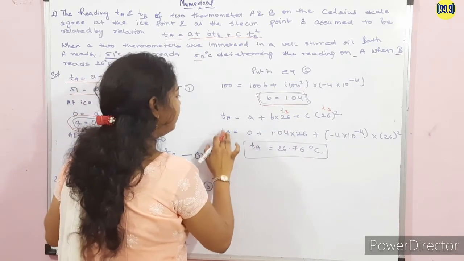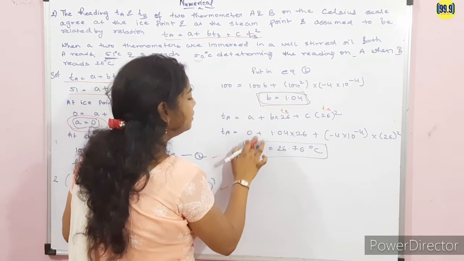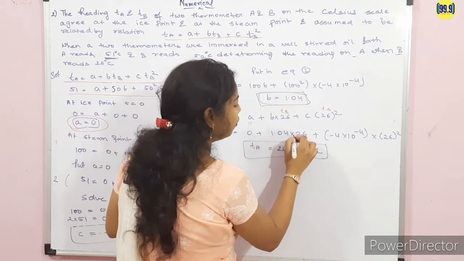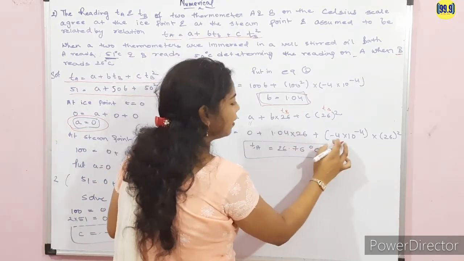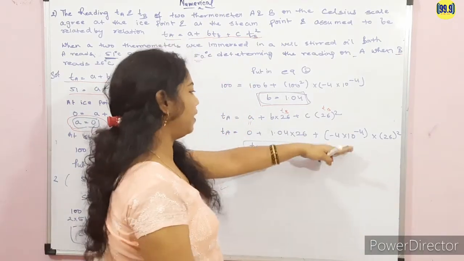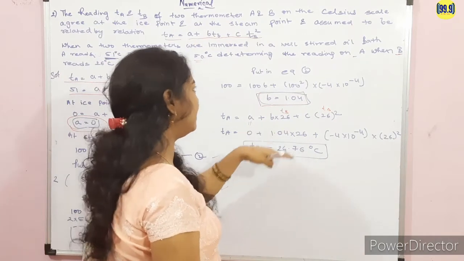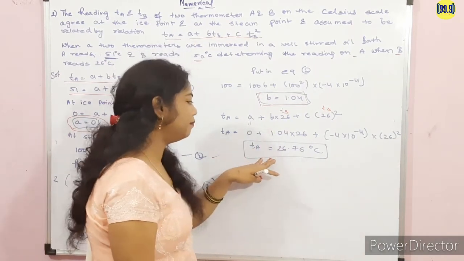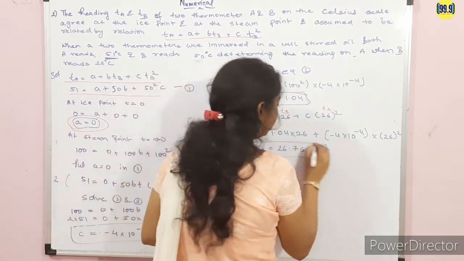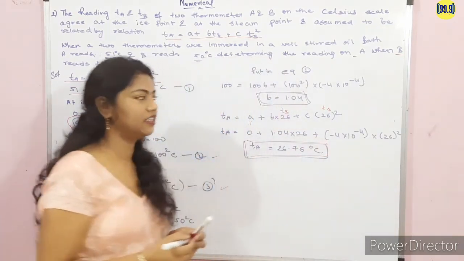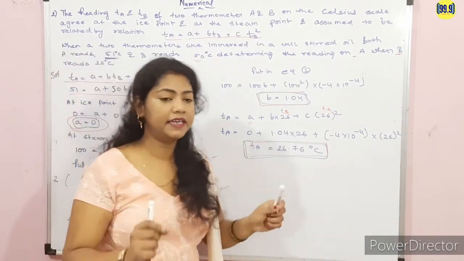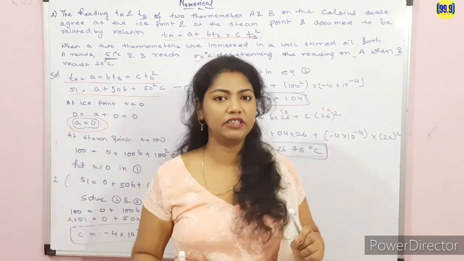The expression will be TA is equal to 0, the value of A is 0, plus 1.04 into 26 plus minus 4 into 10 to the power minus 4 into 26 square. From here we finally get the reading of thermometer A, that is 26.76 degrees Celsius.